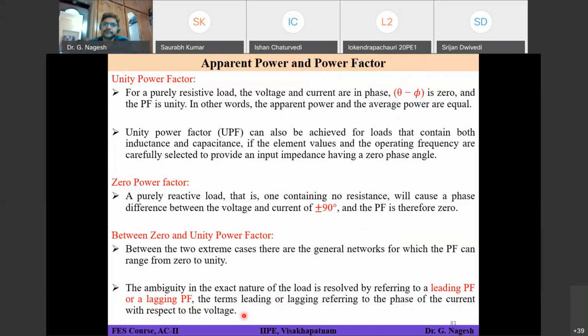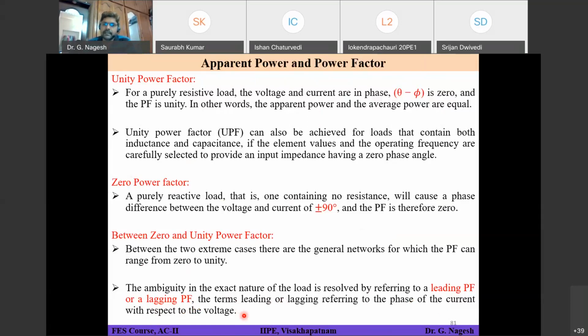Even if you have zero power factor, to clearly specify which element gave it, two terms were defined: leading and lagging.